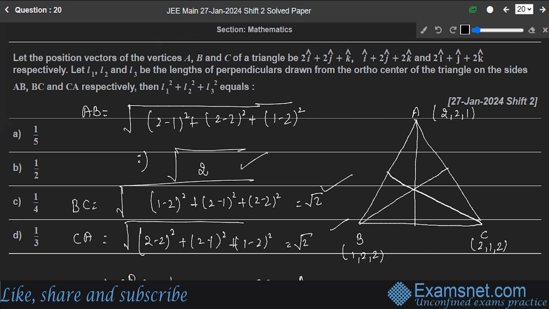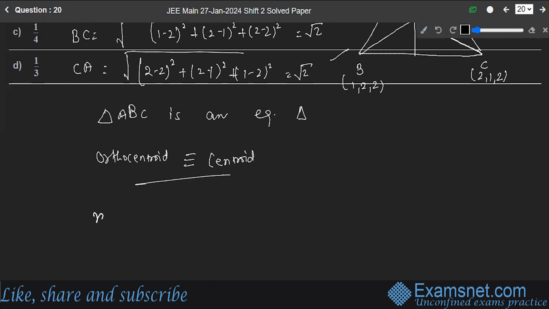So this is your orthocenter as well as your centroid. Now, if I take the point D, that means D is the midpoint on AB because this G was your centroid. ABC is an equilateral triangle. Now, midpoint of AB is equivalent to D.